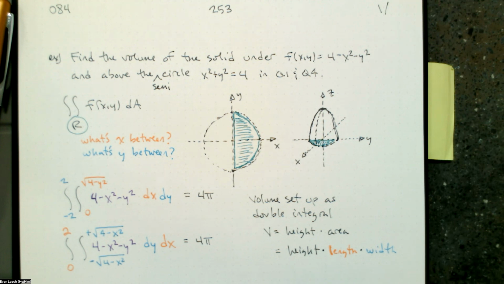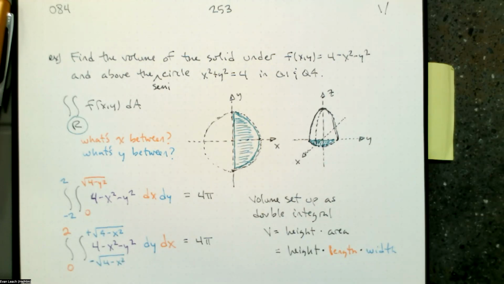So notice that our three measurements, our height, our length, and our width, it looks like they came from different places. The height was the function, and then the length and the width were what's x between and what's y between. So it looks like our height, length, and width kind of had different ideas.